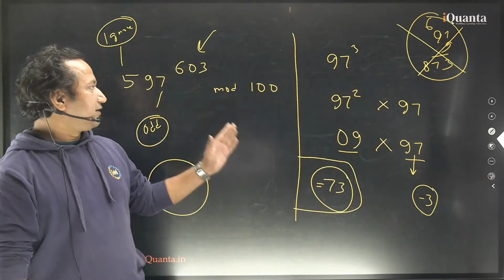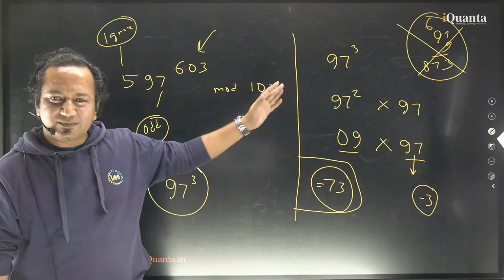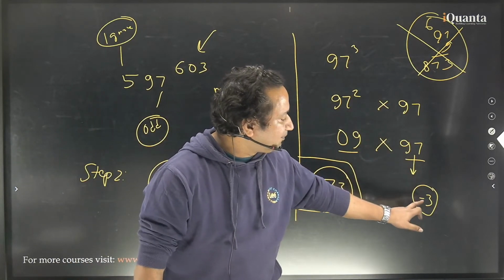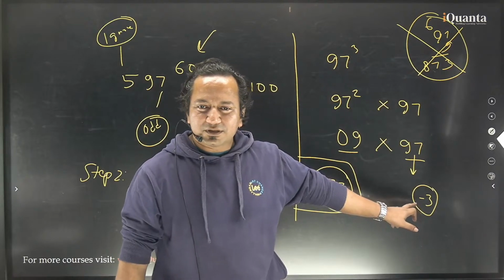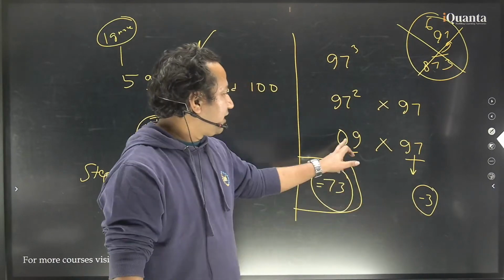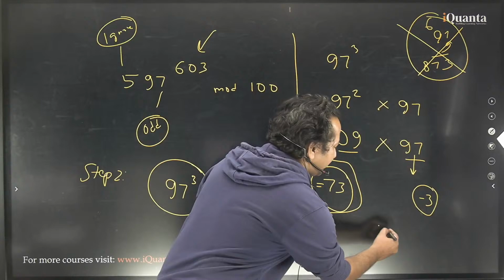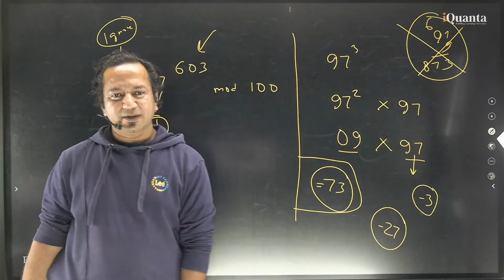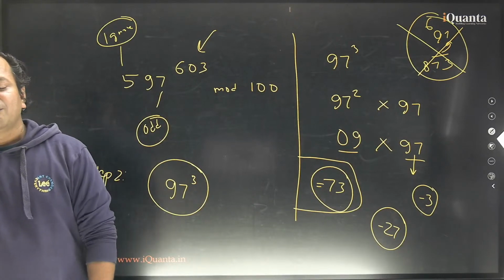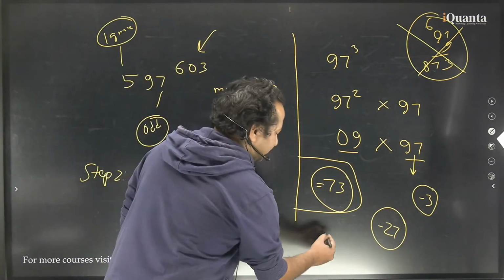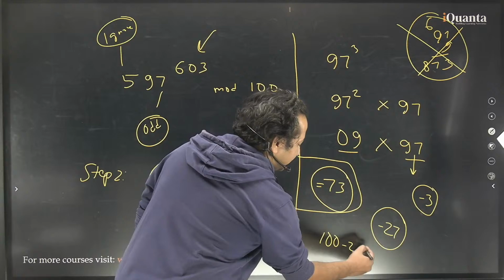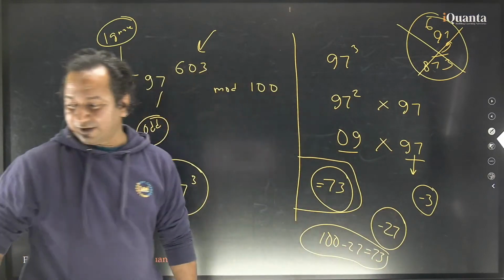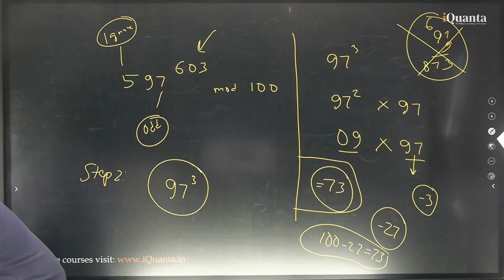Because see, I'm dividing with 100 in all the cases, that is mod 100 is there. तो 97 जो है वो -3 है, 100 से 3 कम. अब ये 9 इंटू -3 जो बन गया -27 बन गया. Now -27 is negative, we need a positive remainder. तो 100 में से 27 को माइनस कर देंगे and we will get 73. Is that clear everyone? Those who have done it, congratulations. Those who have not, I think this is clear.